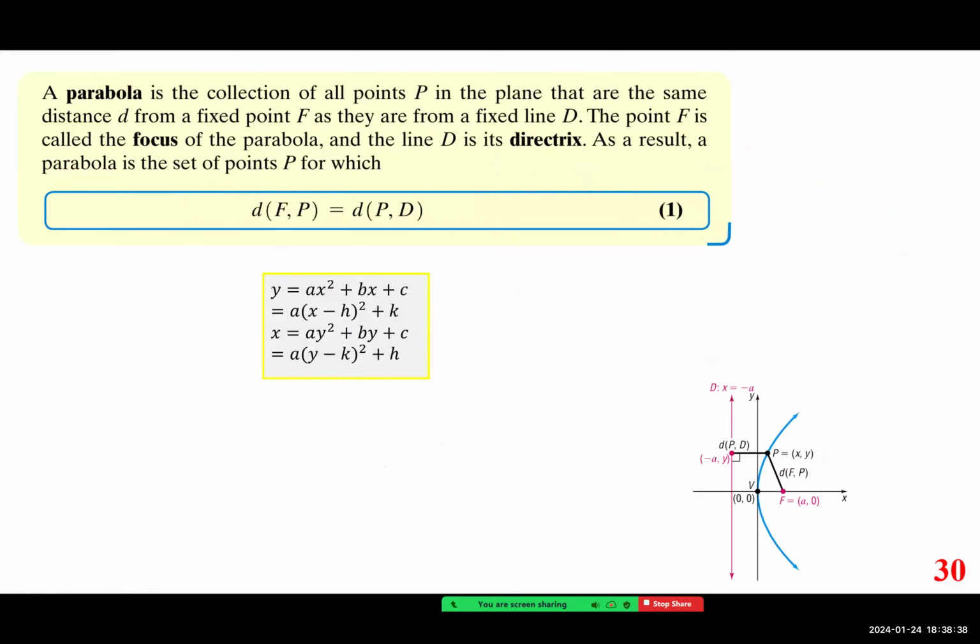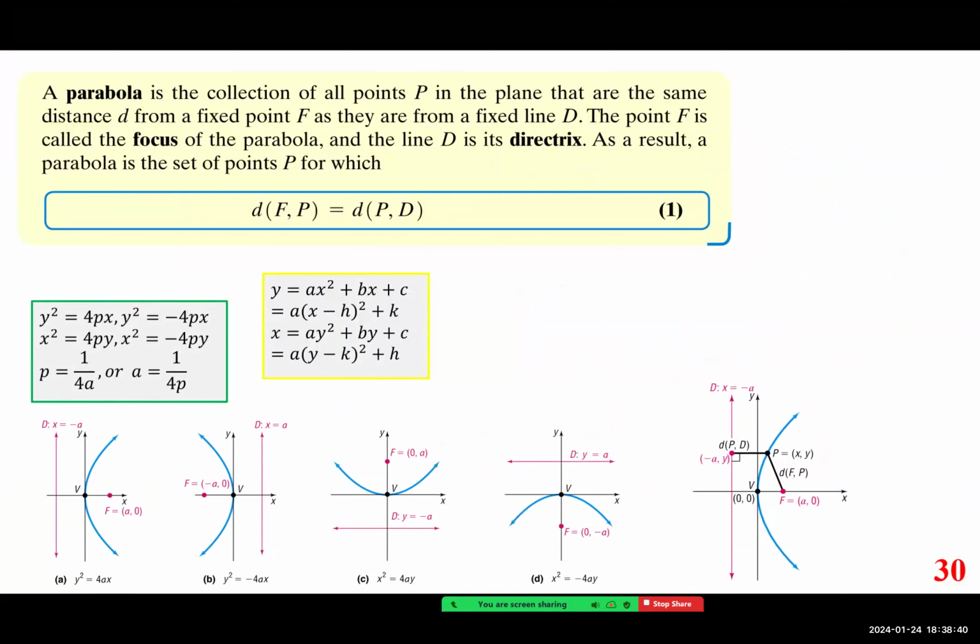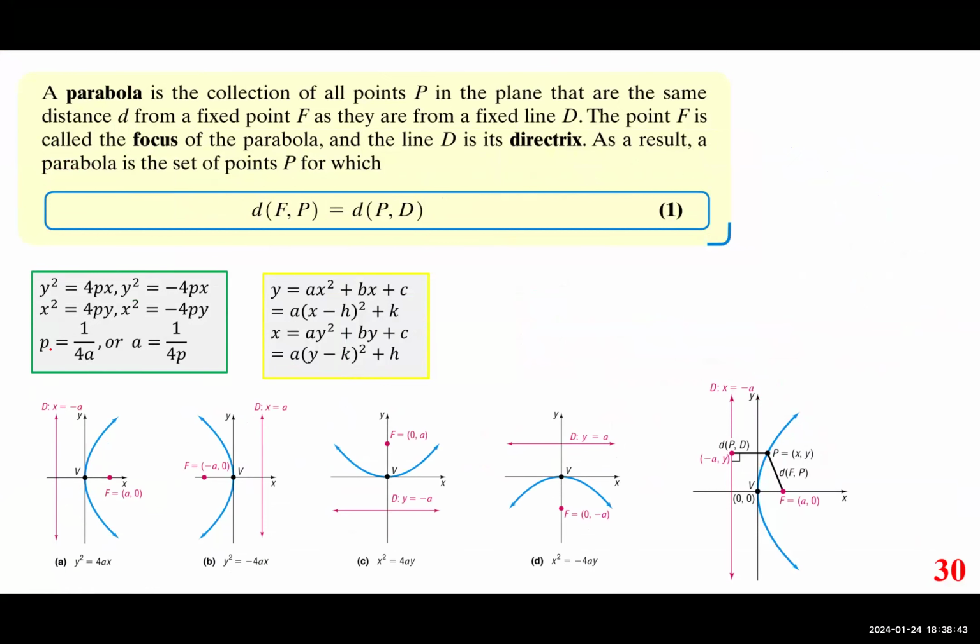That's as far as the definition. Now, this is the format we are using here: y squared is 4px, y squared is minus 4px, x squared is 4py, x squared is minus 4py, and so forth, where p is 1 over 4a or 1 over 4p.